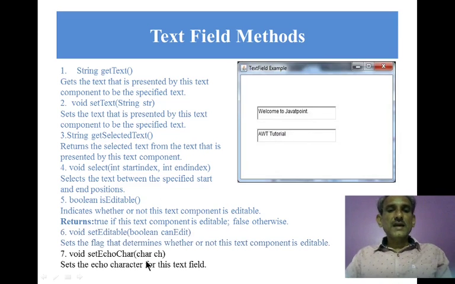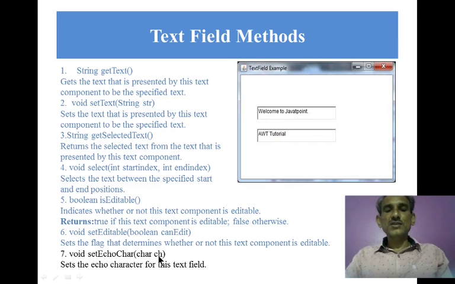setEchoChar(char ch). When you enter a password in a text field, the password characters are not displayed in that password field because the characters are hidden. It will display star star star. This star is set by using the method setEchoChar with char ch.